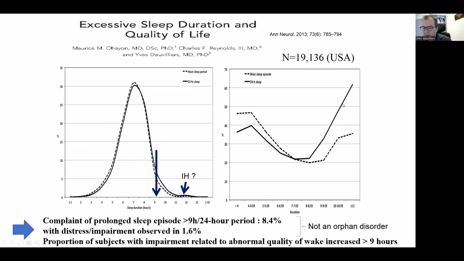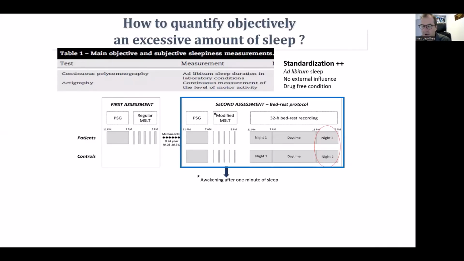So the impairment of daytime functioning and quality of life is very severe in sleep deprived subjects, which is well known, but also in long sleepers. It's very variable, as you can see here, in the duration of sleep reported by the subject. But this is self-report, so we need to be sure and to quantify this long sleep problem.